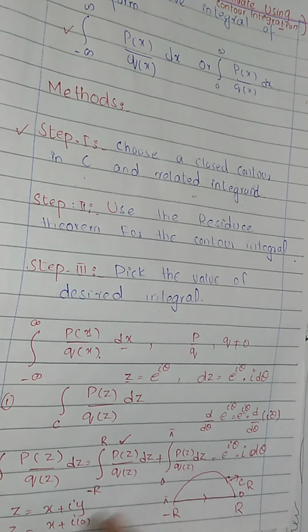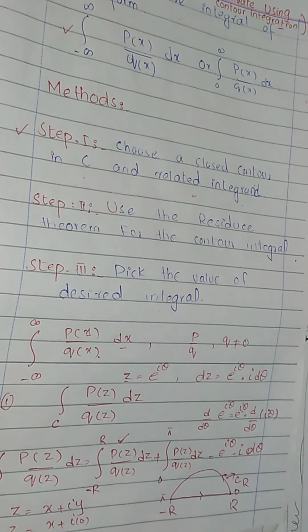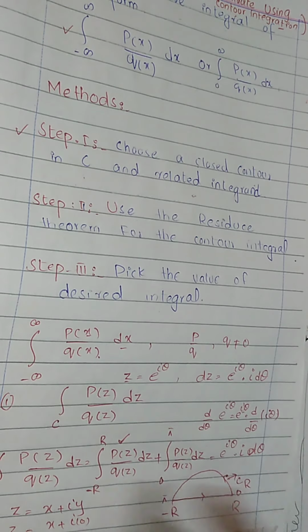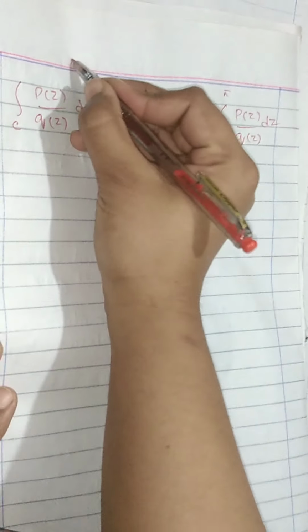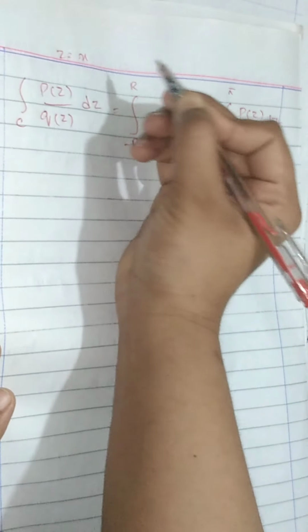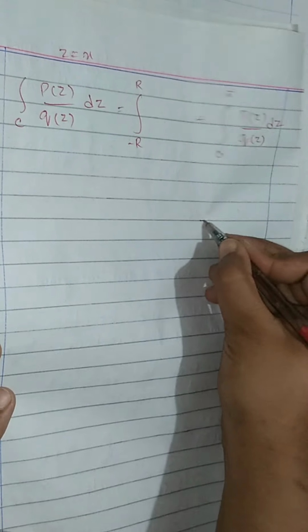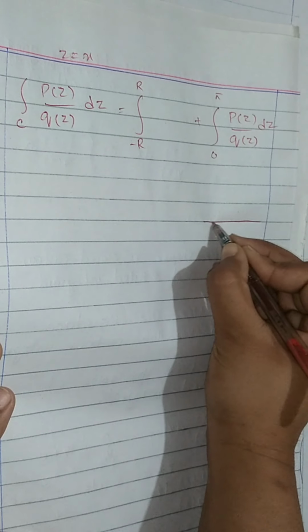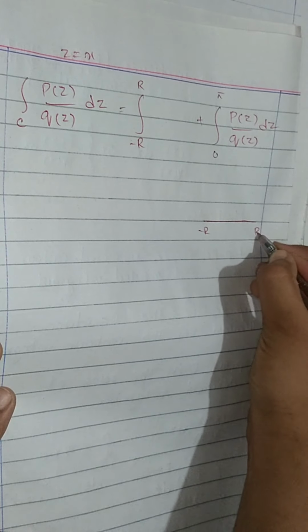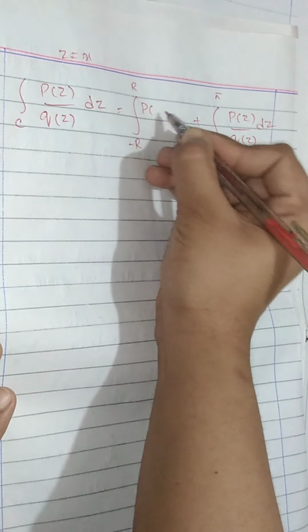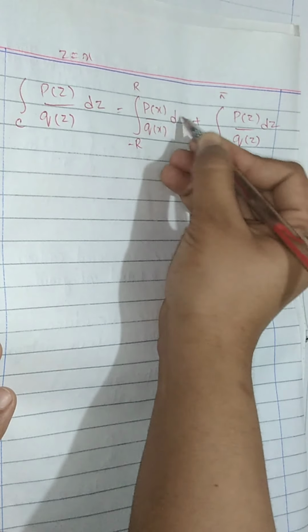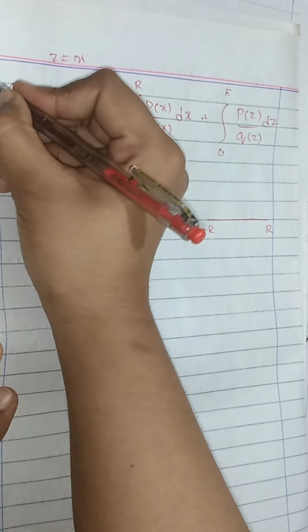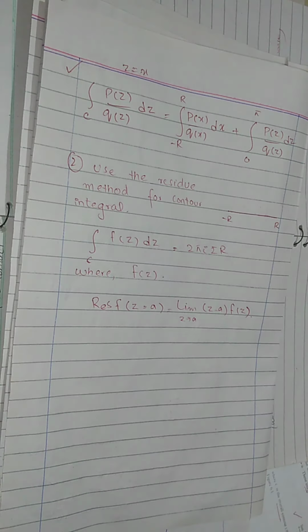So we can put z equal to x in it, because this path lies along the x-axis. Here y is equal to 0, so that's why this will become p of x over q of x dx. It is our contour integration method.